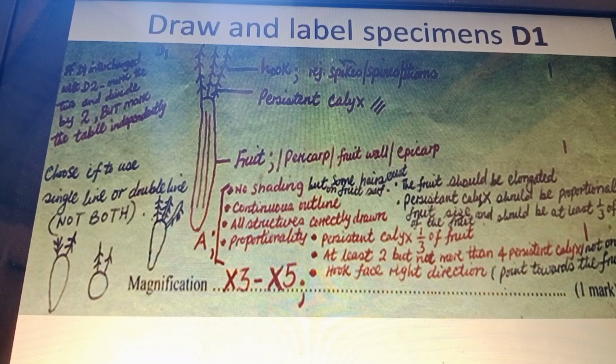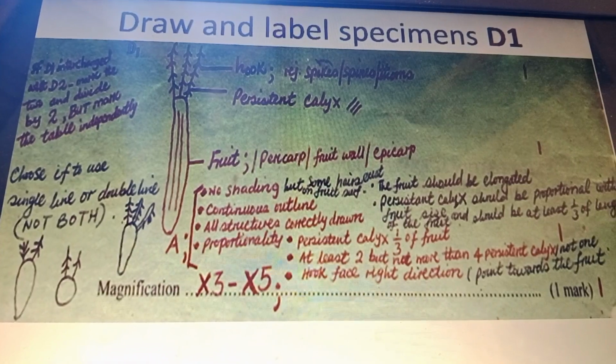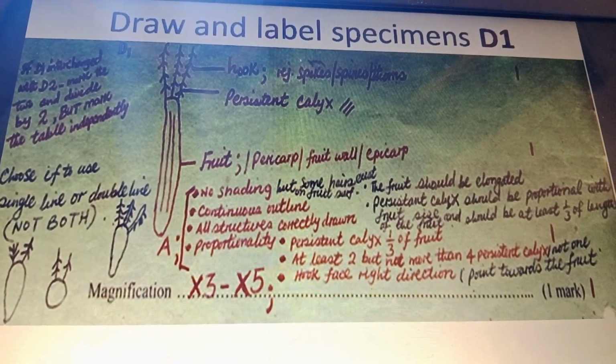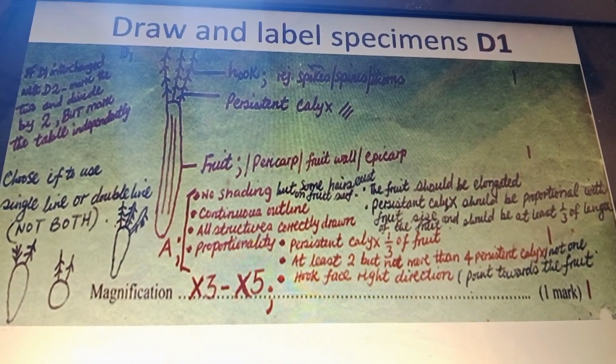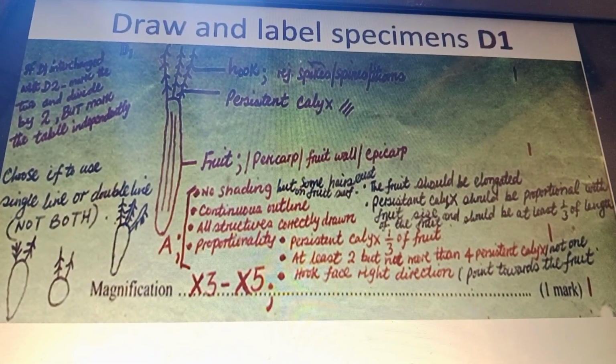So we are supposed to draw and label D1, guys. I had to adjust my drawing. All right, you can see I'm still adjusting. So D1, draw and label.